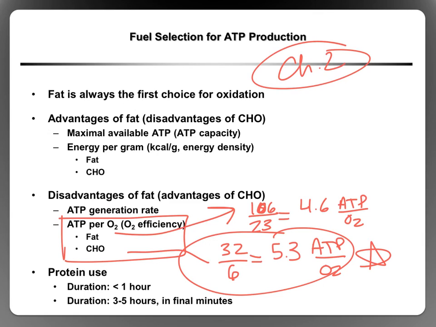Whereas with fat we get more total ATP, but it's not very oxygen efficient. You could see to get 106 ATP, we used 23 oxygens. We used a lot of oxygens. We relied very heavily on the electron transport chain. So that's where those numbers come from.